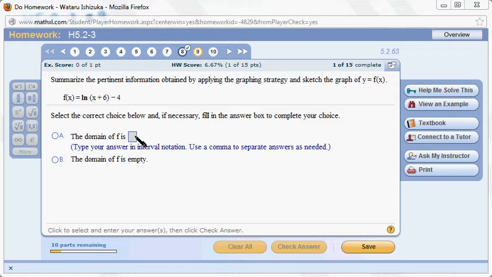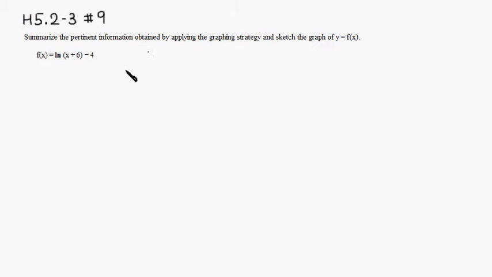The domain: natural log cannot take a negative number or 0, so it has to be only a positive number. So we have to make sure that x plus 6 is greater than 0.